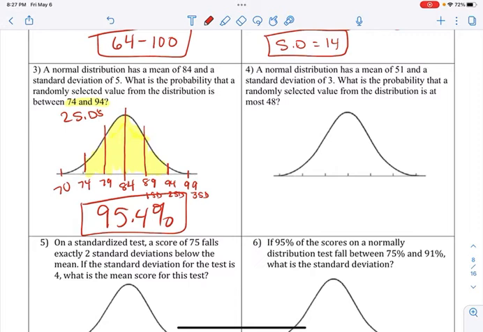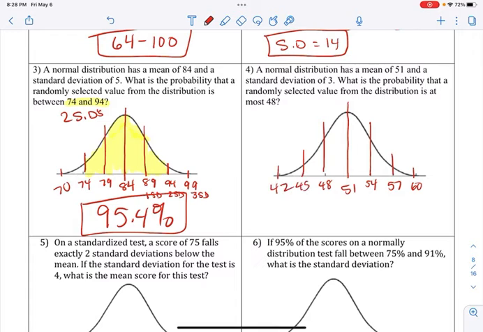All right, a normal distribution has a mean of 51, that goes in the middle, a standard deviation of 3. So one standard deviation is 54, add 3 again, and add 3 again. Subtract 3 is 48, subtract 3 is 45, subtract 3 is 42.